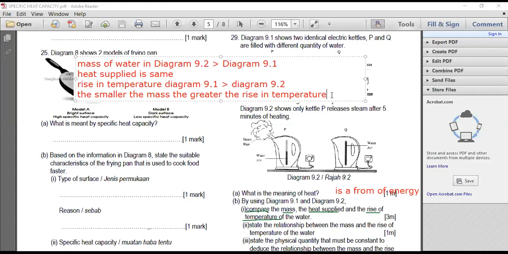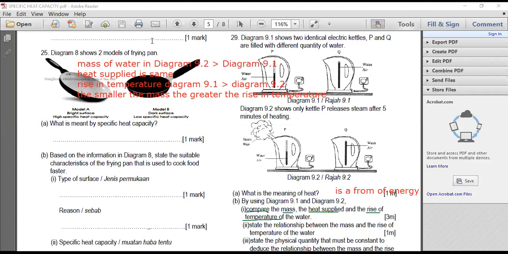So this one basically comes from the formula Q equals mcθ, so Q over mc equals θ.